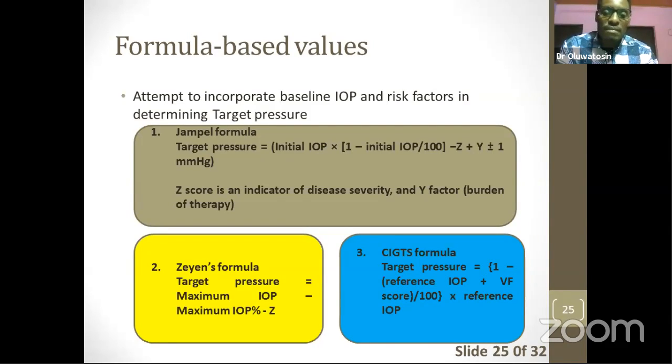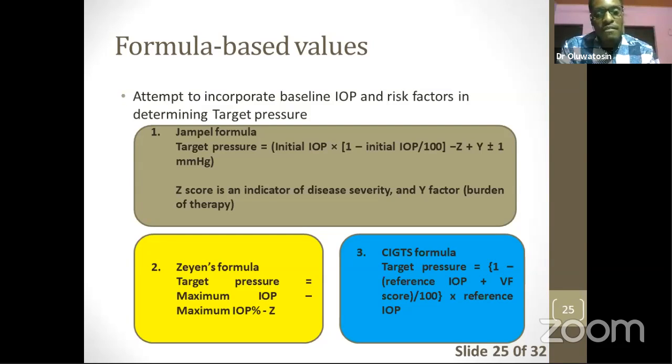Then we have 1 for glaucoma with high risk. Then we have 1, which is a mild disease. Then 2 for moderate disease. Then 3 for the severe disease. Then 4, I'm sorry, I can't really remember now, but maybe along the presentation I'll get back to it.